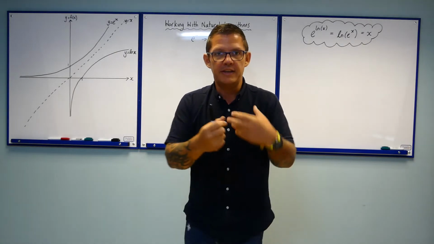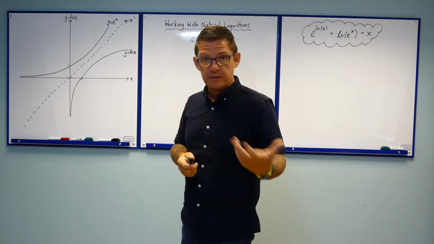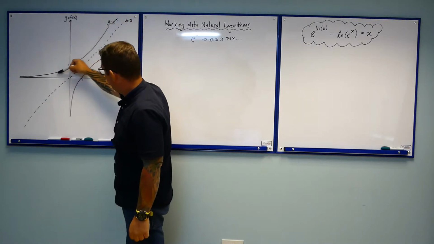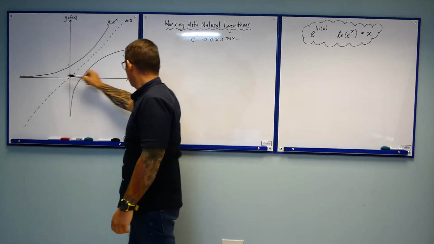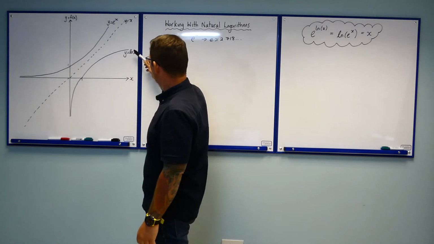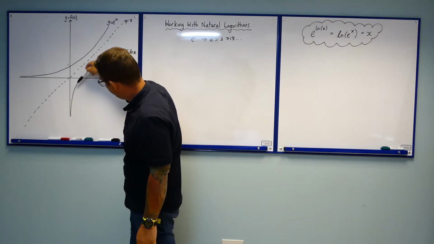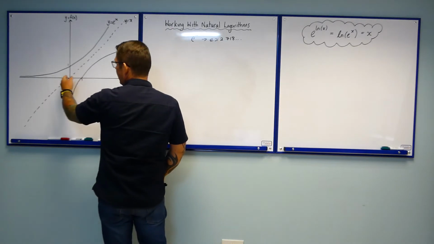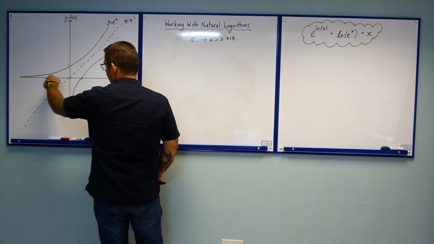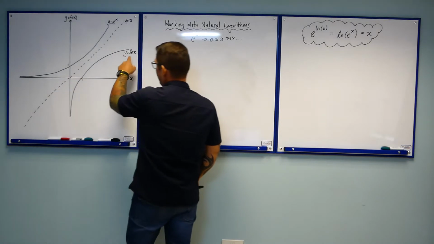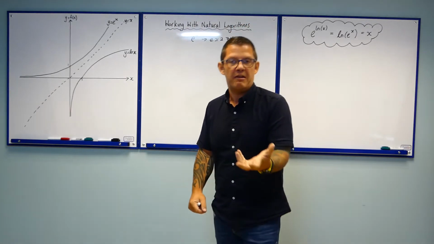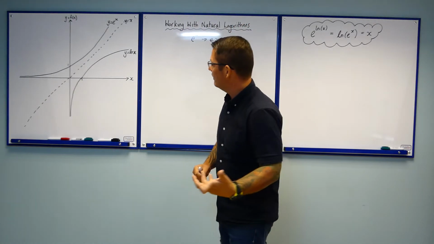The other thing that we need to point out when we're looking at these two graphs is that e to the x is asymptotic to the x-axis, whereas ln x is asymptotic to the y-axis. In addition, there are no values down here, or even at 0. If I put ln 0 into my calculator, I'm going to get a math error. We're going to get undefined on the calculator.